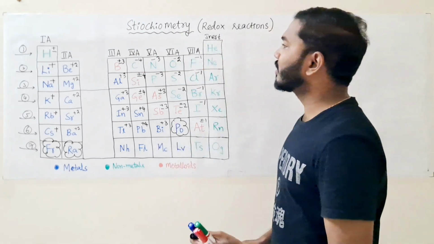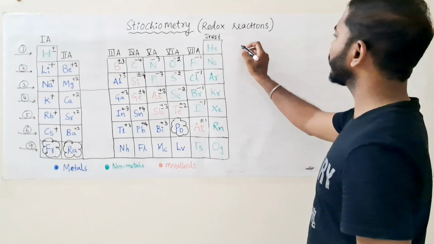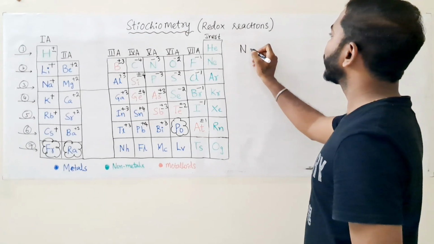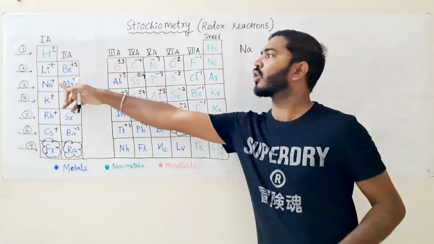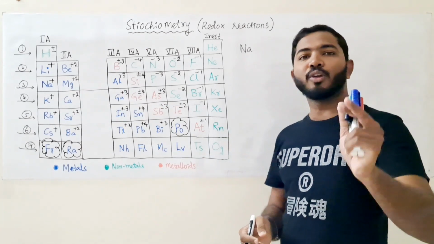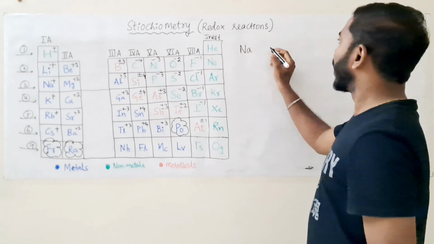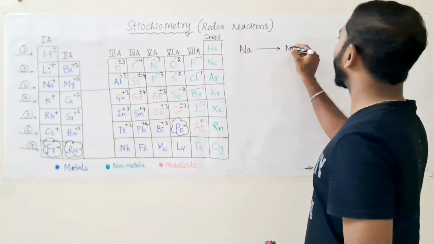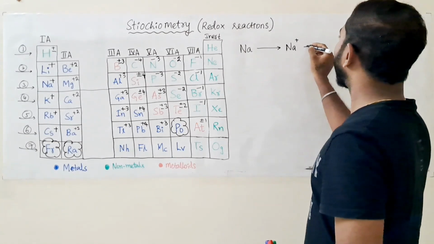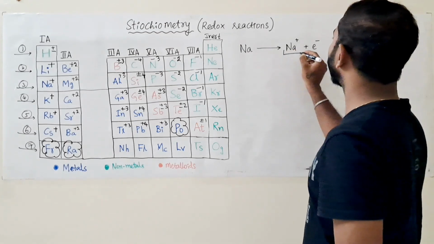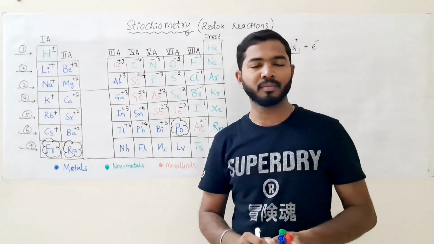Firstly, I just want to say that before losing an electron, sodium used to be a neutral atom. Now the sodium lost 1 electron and has become a positively charged cation.